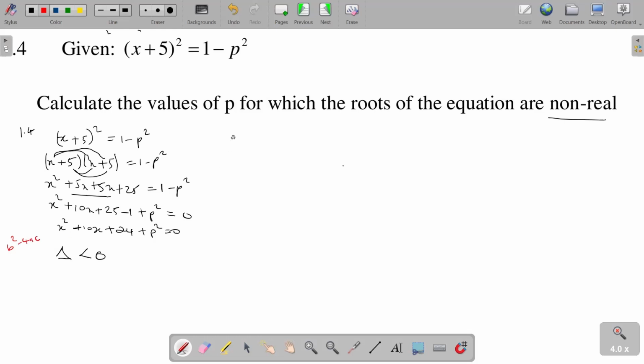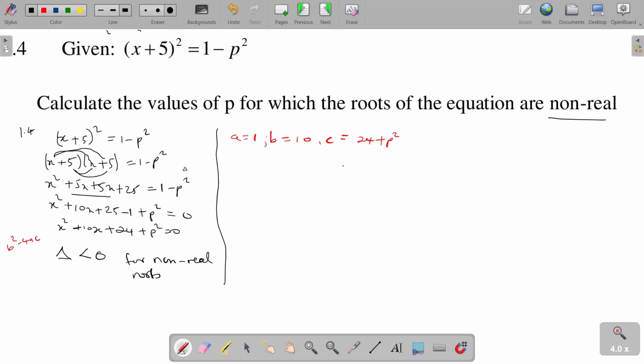In this case our a is equal to 1, our b is equal to 10, and our c is equal to 24 plus p squared. Substituting that, this must be less than 0 for non-real roots.